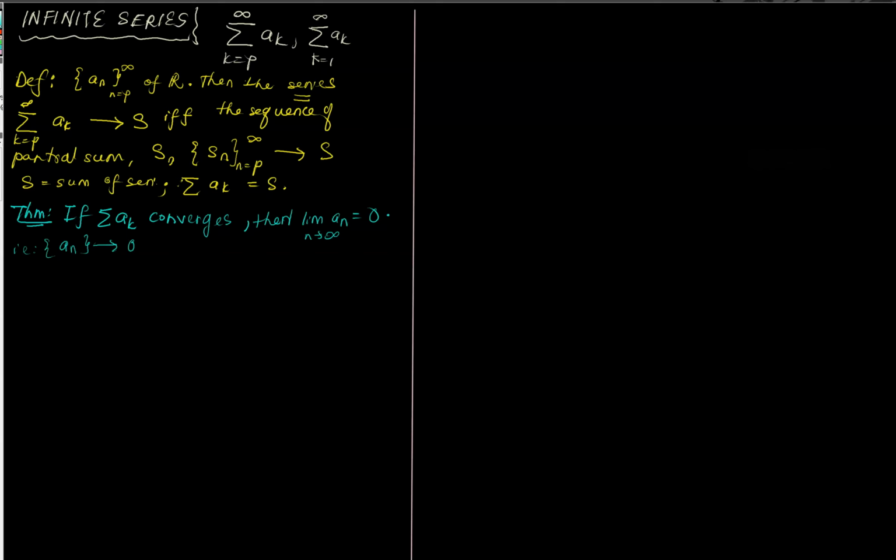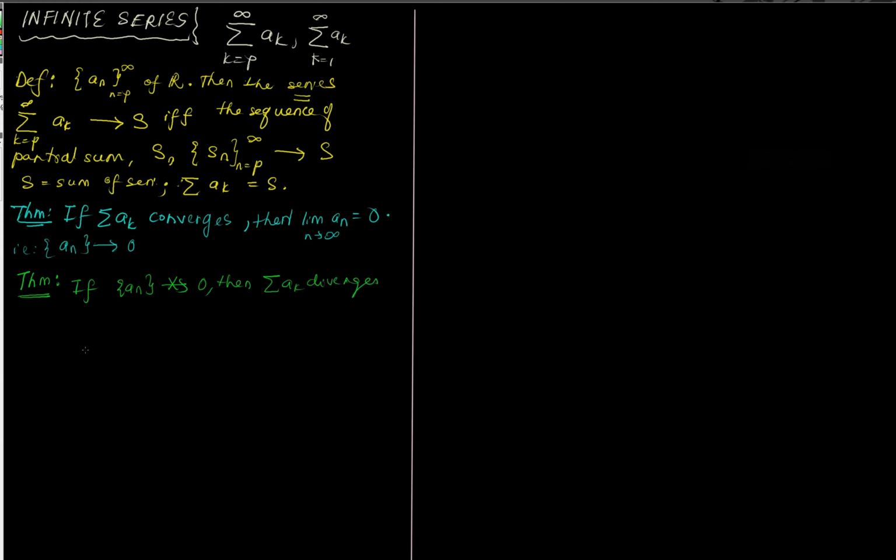The next theorem we're going to take a look at is the divergence test. This is just the converse of the nth term test. The divergence test says that if you have a sequence that does not converge to 0, then the series diverges.